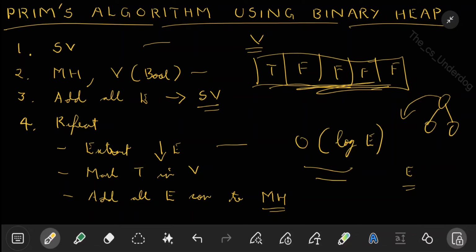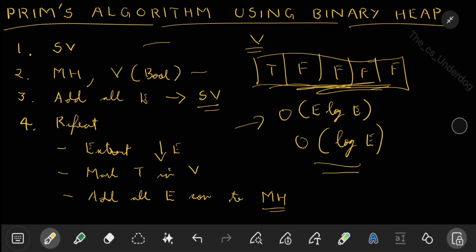Because of that, in worst case, you have to go through all the edges once. Which means e times you have to do this log e operation, so the total will be order of e log e for this extract minimum. That is the total number of times extract minimum will be called, into the time taken for each extract minimum. The total is order of e log e.